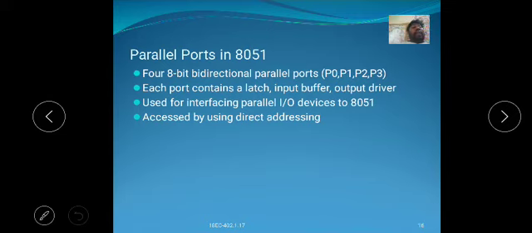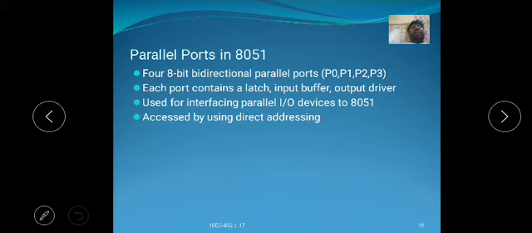The four 8-bit bidirectional parallel ports P0, P1, P2, P3. Each port contains a latch, input buffer and output driver.